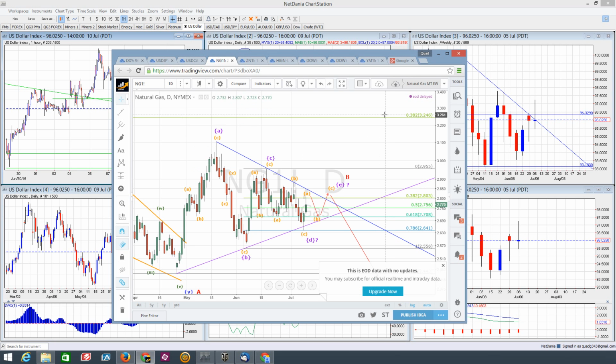Natural gas. I do think we finished wave D, and now working on wave E to the upside. But also present is a potential rule of four breakout. You got this blue line that's been tested once, twice, three, and now possibly a fourth time coming up.